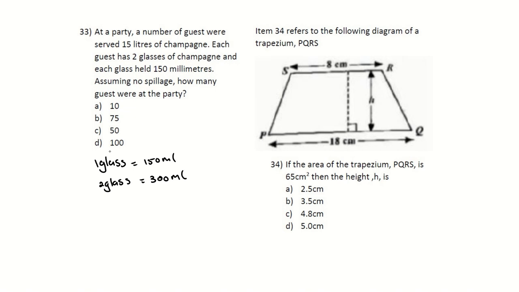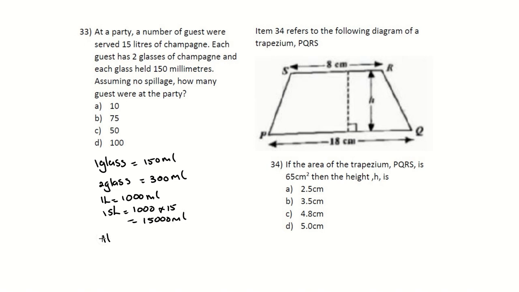And how many liters do they have? They serve 15 liters. So we know that 1 liter is equal to 1,000 milliliters. So 15 liters would be 1,000 times 15, which is 15,000 milliliters.